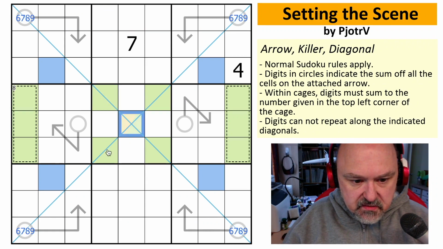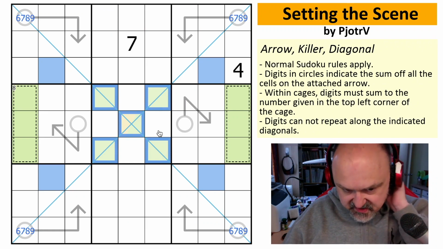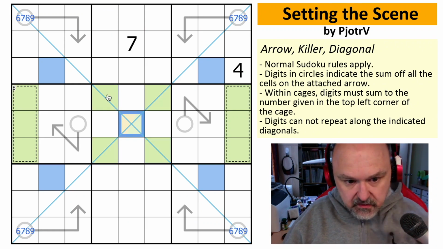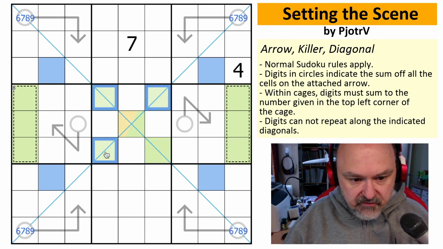These greens, and I know this because I've seen this before, have a minimum of 16, because if we were to put 1, 2, 3, 4, and 5 into this, remember we have to double count this cell, we could put 2, 3, 4, and 5 in there, which sums to 14.